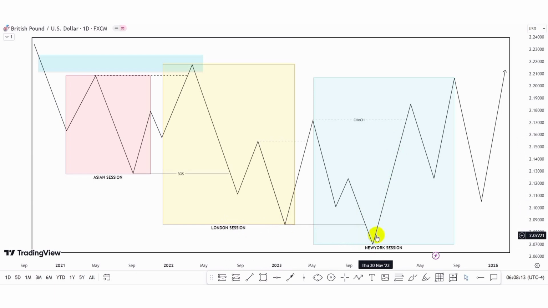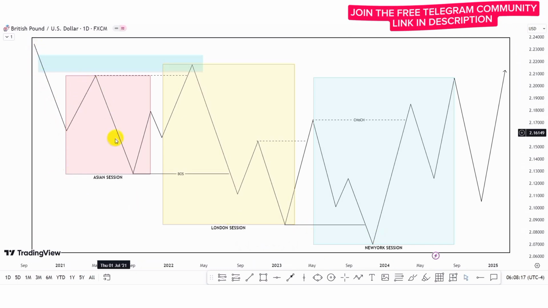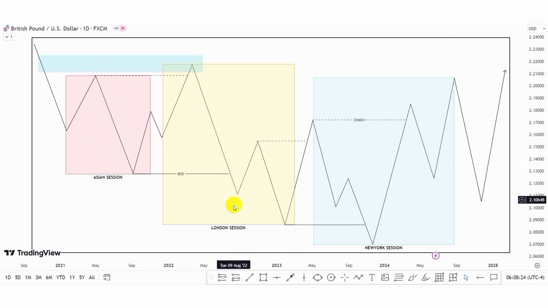So in the condition again, where possibly the Asian session is actually bearish, and then we're possibly expecting to see more bearish move to the downside. But then what you're going to see is that during the London session, we're going to have a reversal. So there is the possibility that in the higher time frame, you're actually having a bullish market condition.